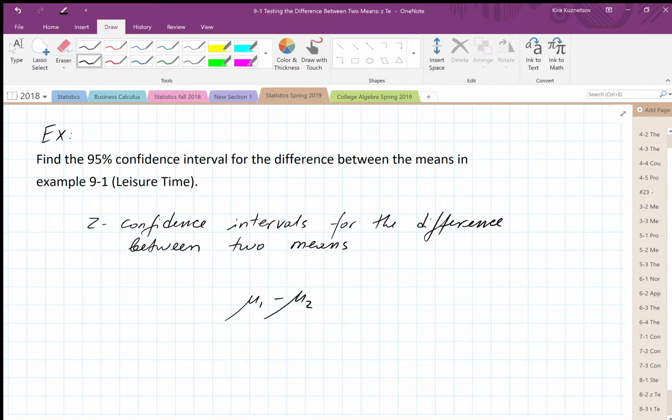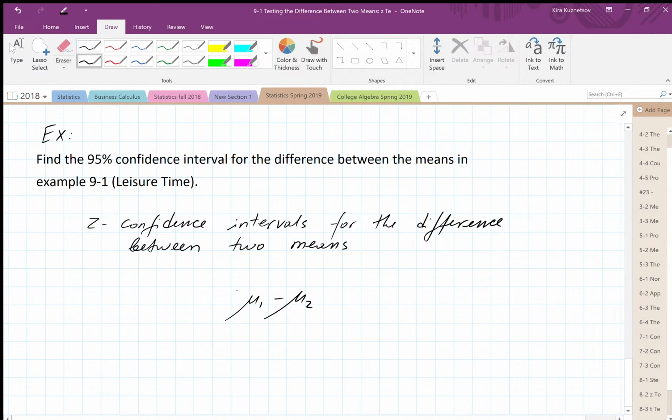Usually, either mu1 is slightly bigger than mu2, or mu2 is slightly bigger than mu1. Notice, if mu1 is bigger, you're going to see positive numbers. If mu1 is smaller, you will start seeing negative numbers.